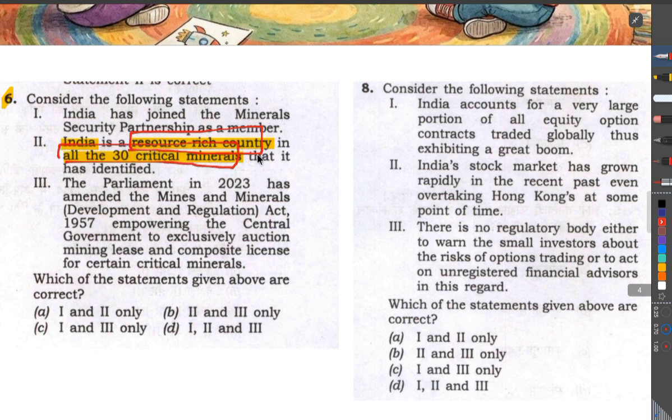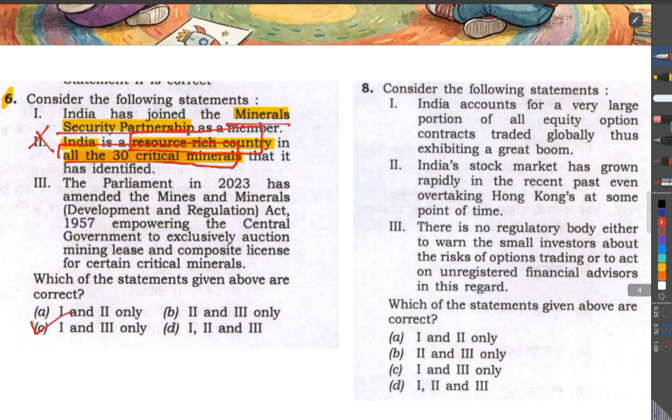No, we are actually dependent upon the Mineral Security Partnership. That's the reason why we have joined the Mineral Security Partnership. So we have identified the keywords, that is Mineral Security Partnership, and here they are saying resource rich in all the 30 critical minerals. If we are resource rich in all the 30 critical minerals, we don't need to join the Mineral Security Partnership. So 2 has to be wrong here, and we get the answer 1 and 3.